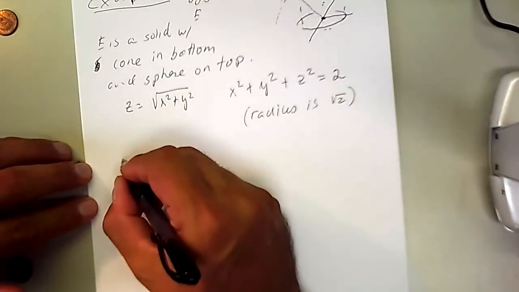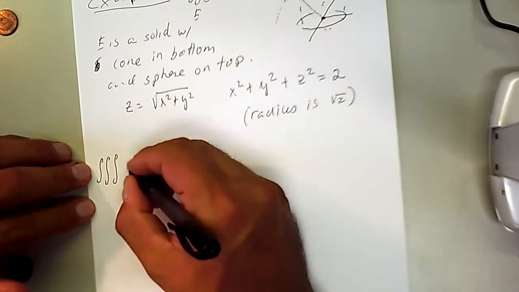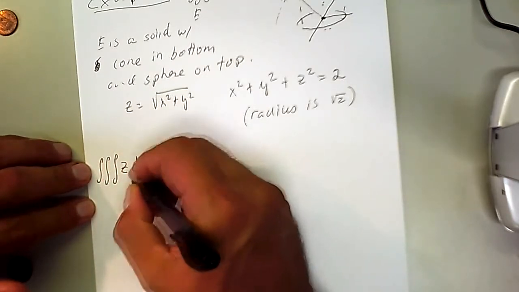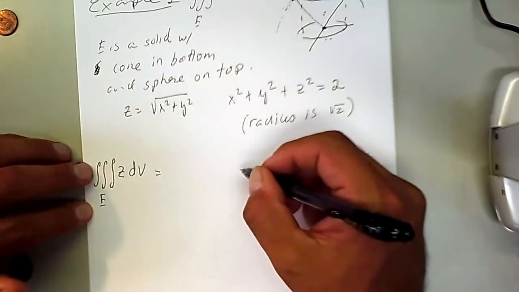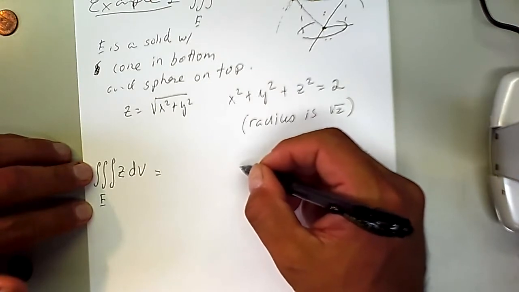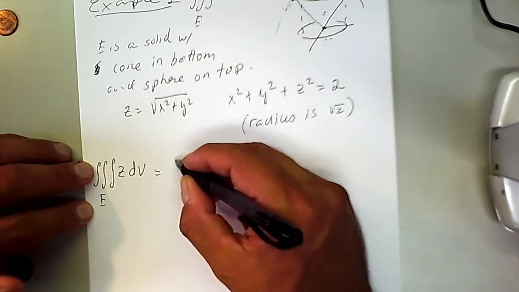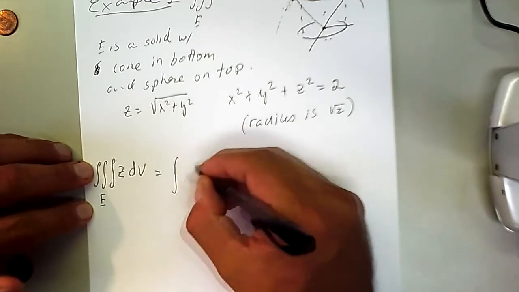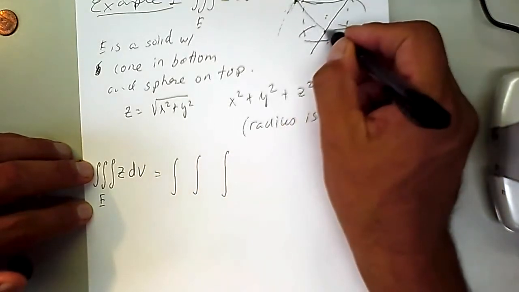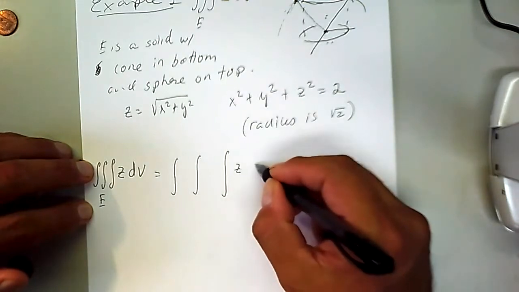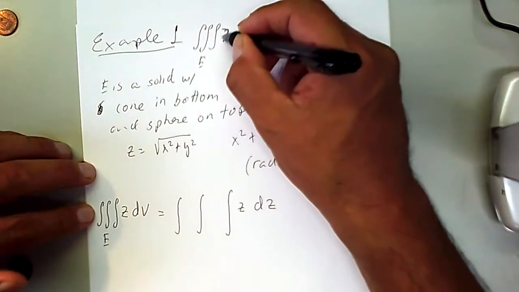So the setup: triple integral of z with respect to the volume over E. If we set it up with x, y, z coordinates, then z would go from the cone. So we're going to integrate z with respect to z, and that was given here. That's part of the problem.